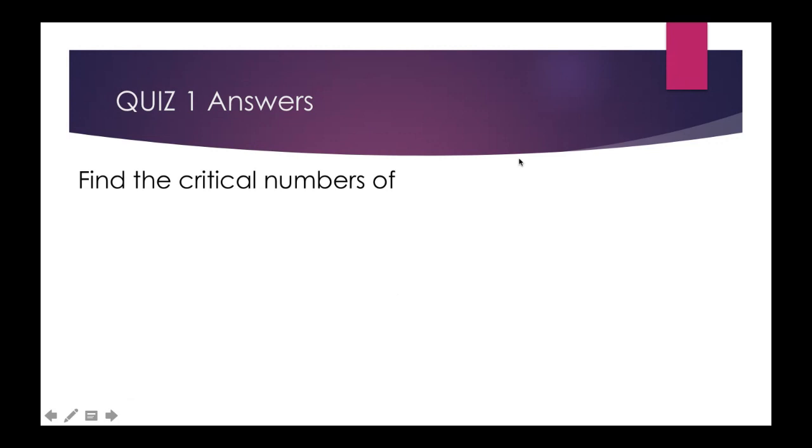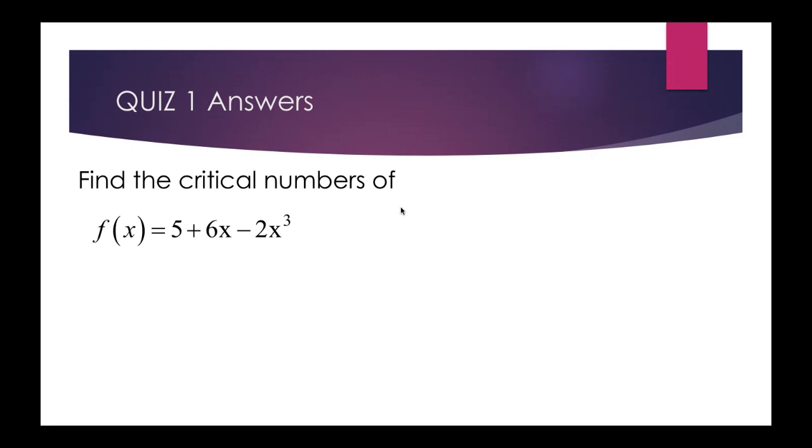Question number 1 on your quiz, you were asked to find the critical numbers of f of x equals 5 plus 6x minus 2x cubed. Critical numbers are where the curve changes.